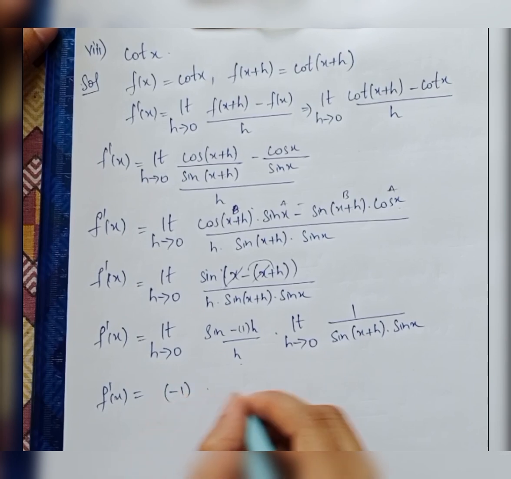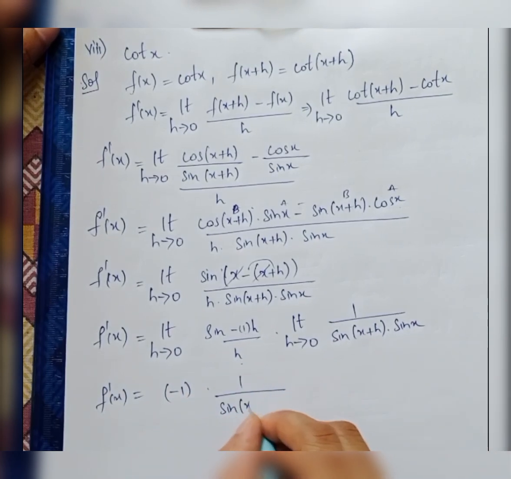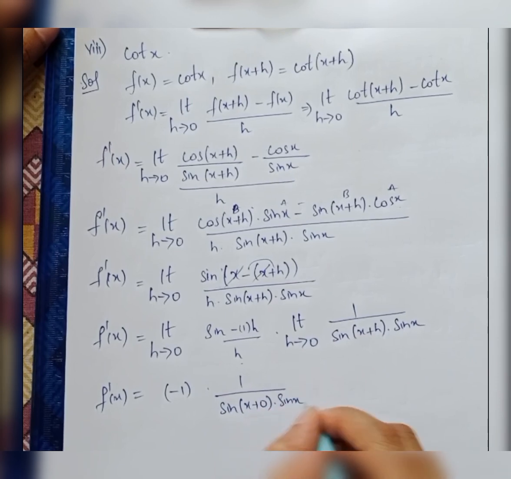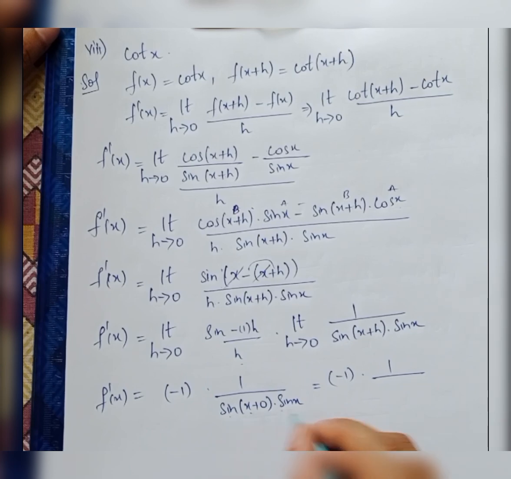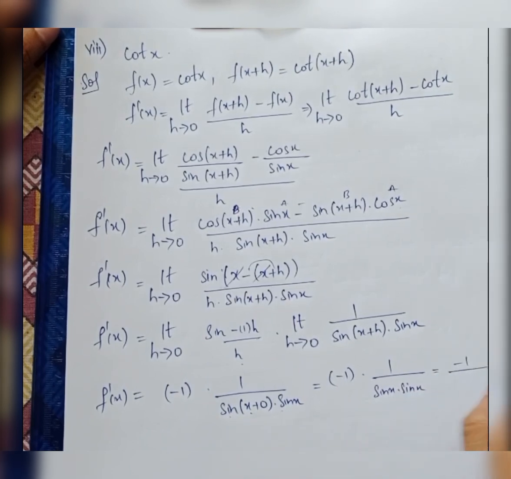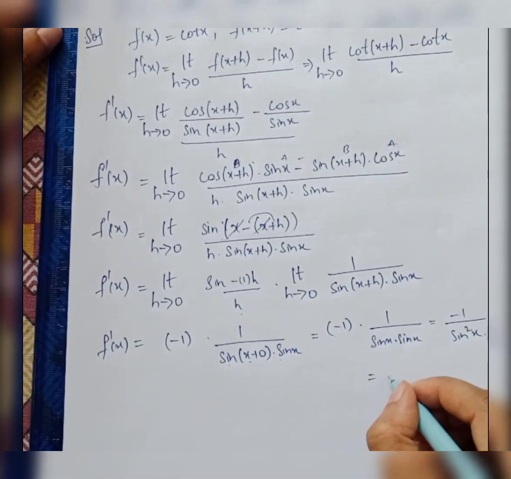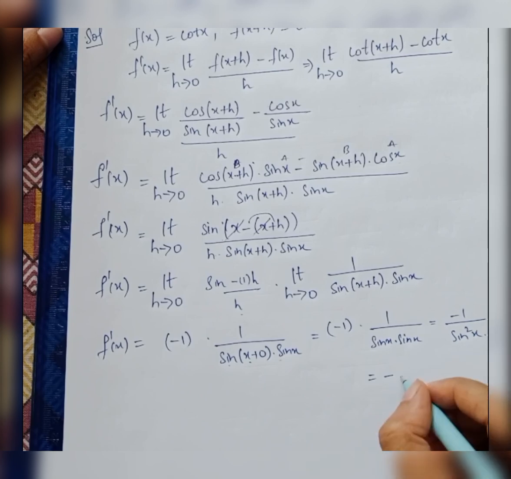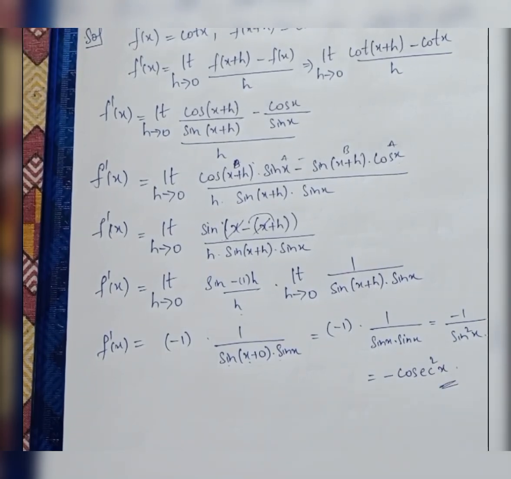So it is minus 1 into 1 by, now substituting h value 0, sin (x plus 0) into sin x. So that can be written as minus 1 into 1 by (sin x into sin x). So sin x into sin x is sin square x, and 1 by sin square x is cosecant square x. These are all important questions of first principle sums. Thank you.